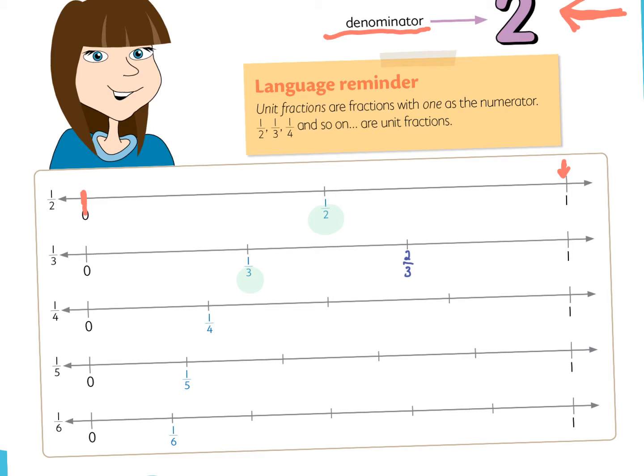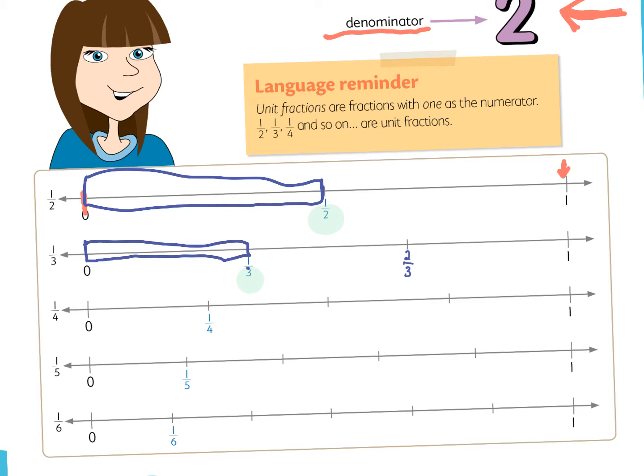The next one we're going through, you can see that this 1/3, this slice of cake or pizza, whatever you want to call it, is actually smaller than 1/2. You can tell that by the larger number down the bottom. The larger the number, or the denominator, the smaller the size is going to be.